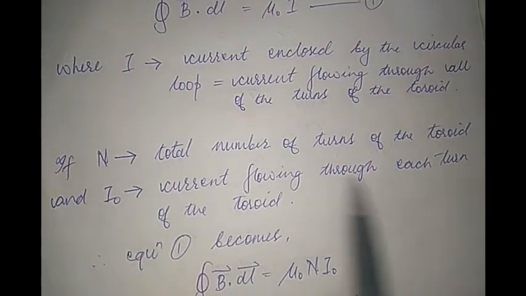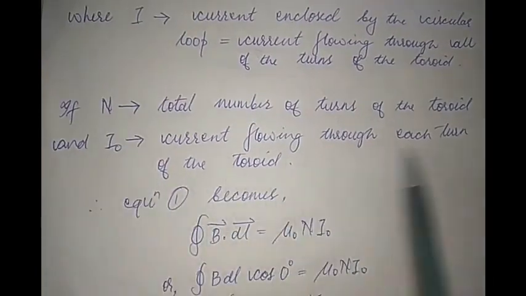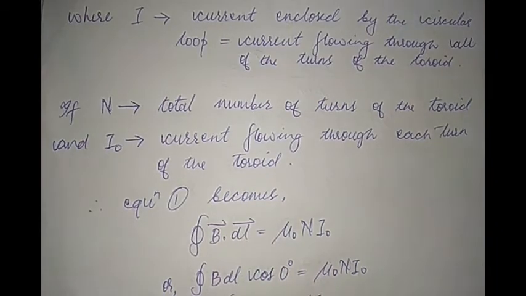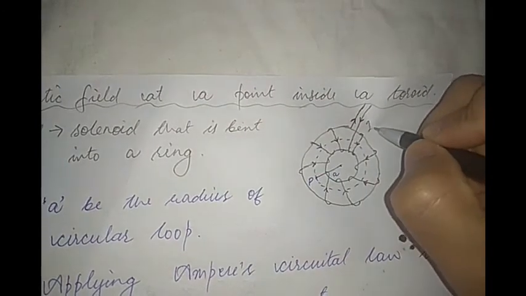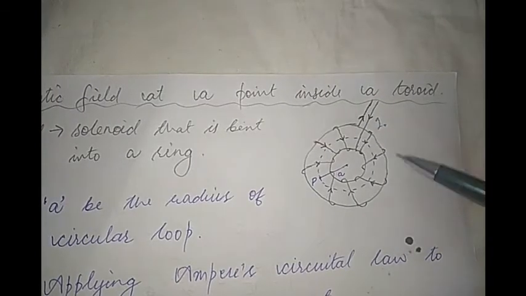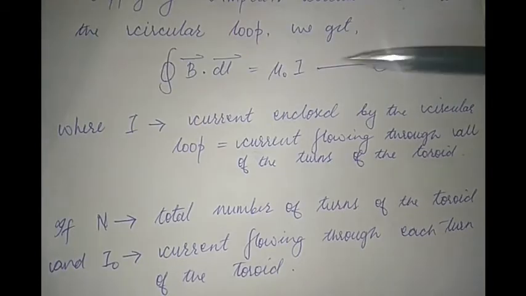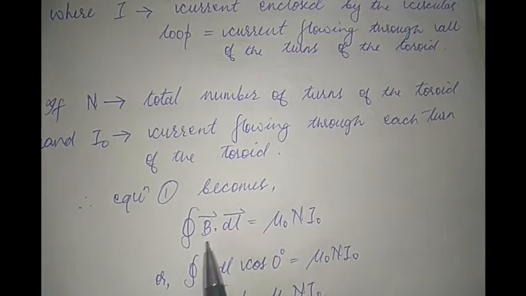If capital N is the total number of turns of the toroid, and I naught is the current flowing through each turn of the toroid, then the current I enclosed by the circular loop will be N into I naught. So instead of I in equation 1, we write integration B dot dl is mu naught N I naught.